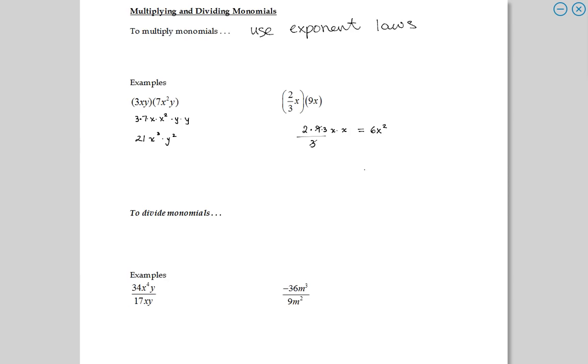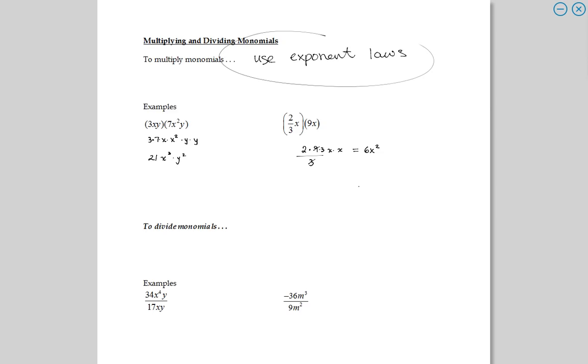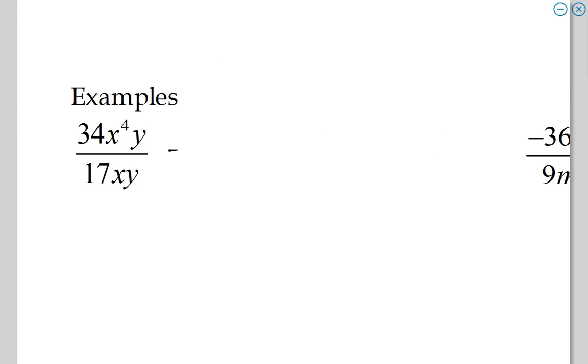Now to divide them, it's the same deal. 34 divided by 17 is 2 over 1. Here now you can think of it as like a subtraction.